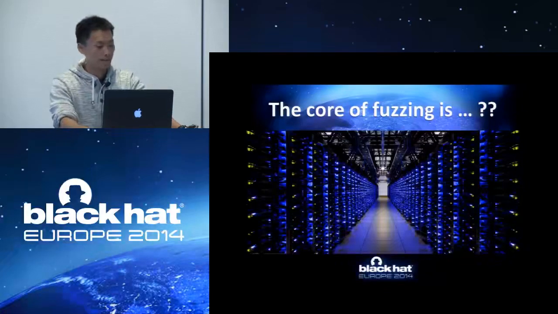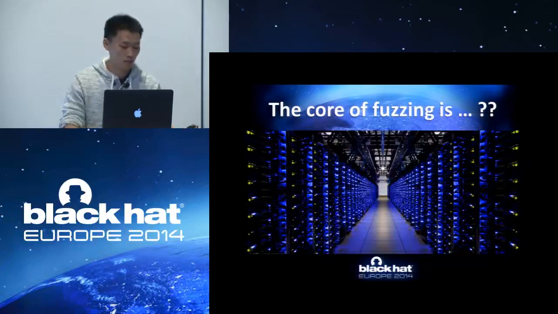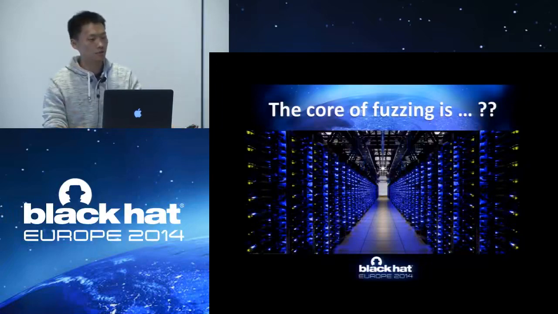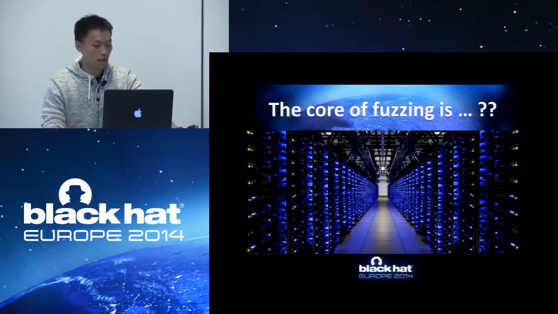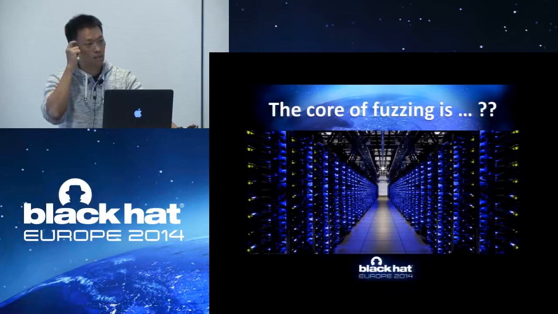Okay, fuzzing. For many people, it's simply a testing technique. You run a lot of samples on a large number of machines and hope it can generate some useful dumps and try to find vulnerabilities in those dumps. This high-level concept, while correct, actually overlooks many hidden details of fuzzing.